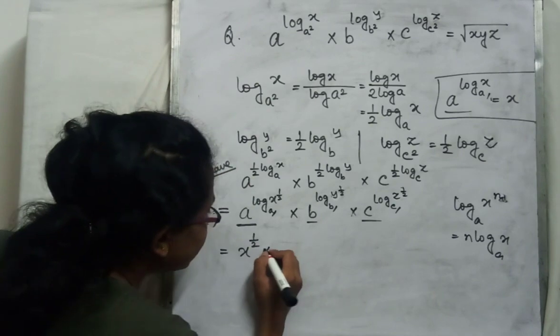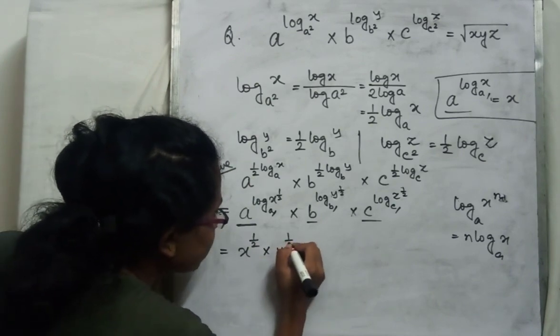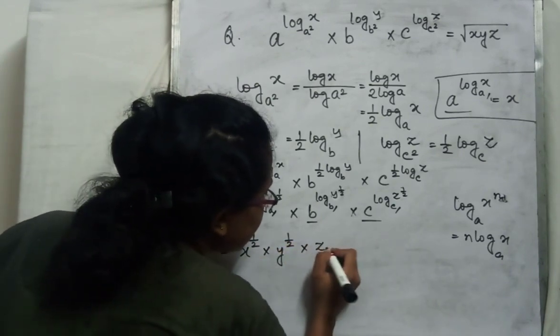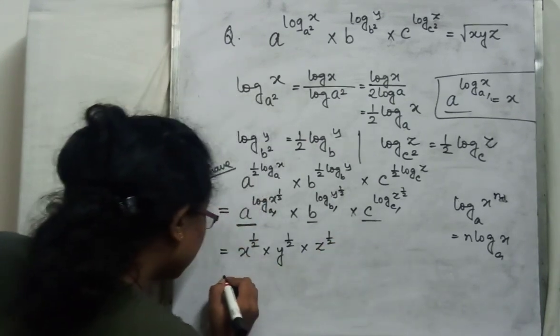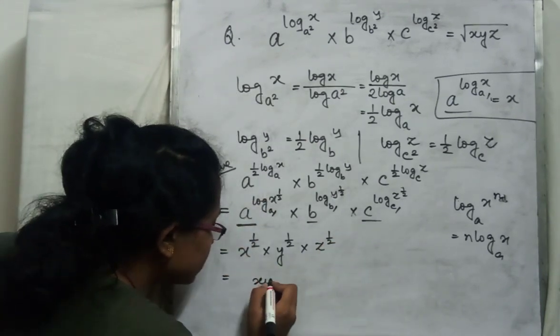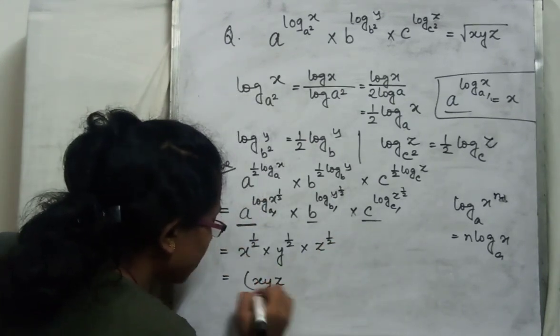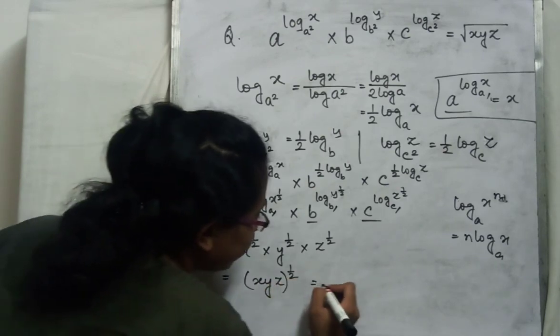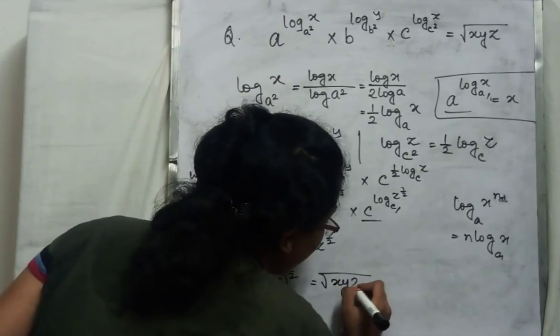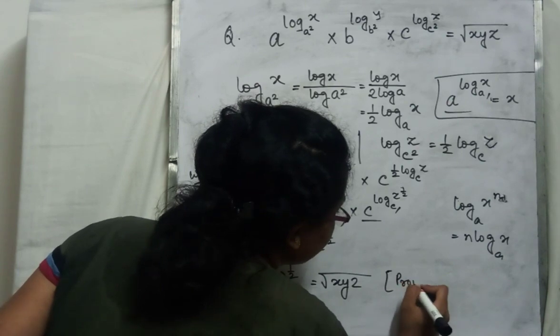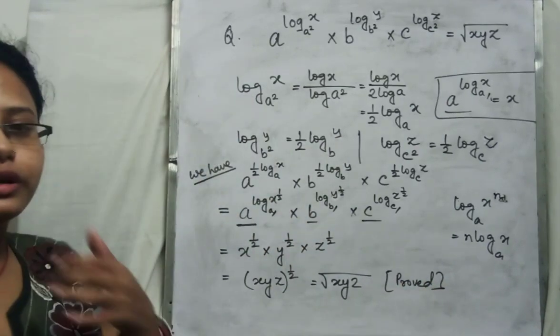So it will be y to the power half, it will be z to the power half. So (xyz) whole to the power half, and we can write this way also, and we proved.